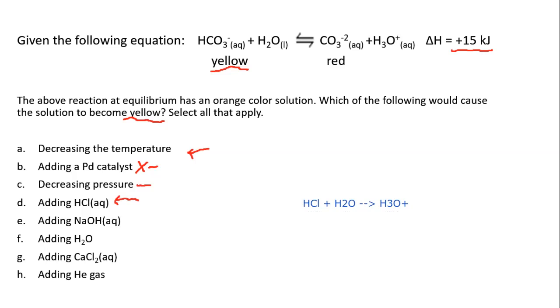Adding NaOH. Again, this is a tricky one. It's a secondary reaction. If we add NaOH, the hydroxide of NaOH is going to react with the hydronium ion to form water. So you're removing hydronium ion, which is a product. So it's going to shift to products.